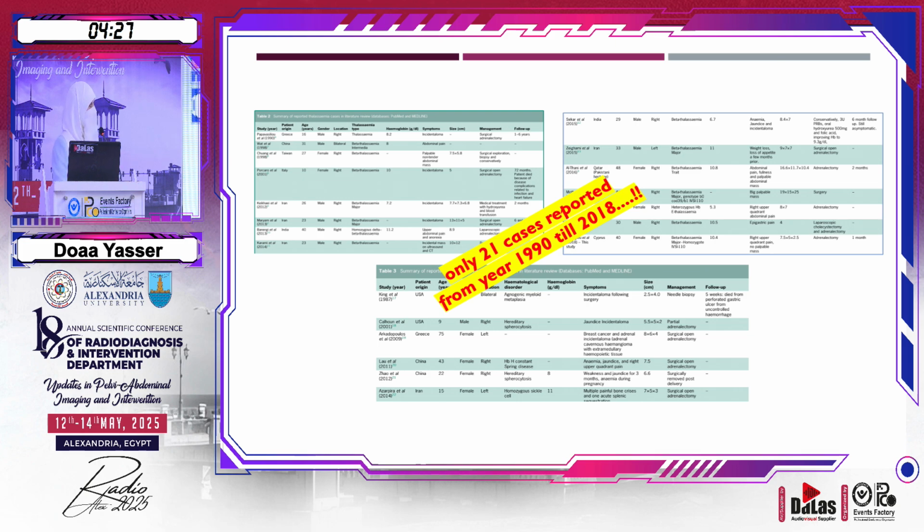To sum up, those three tables summarize all the cases of adrenal extramedullary hematopoiesis reported according to PubMed and Medline from 1920 till 2018, and there were only 21 cases. And guess what? 15 of them were associated with beta thalassemia, and only 6 cases were associated with other hemoglobinopathies.